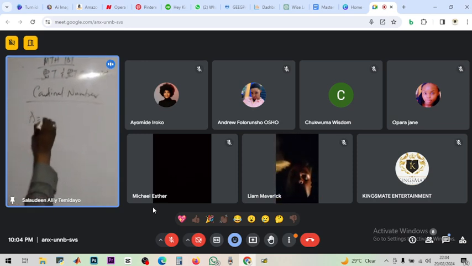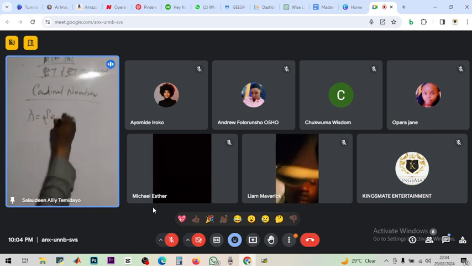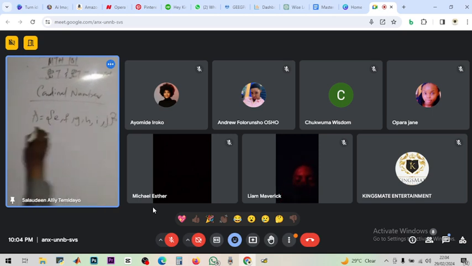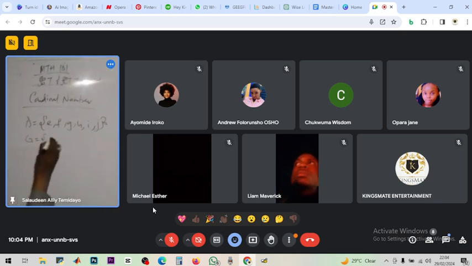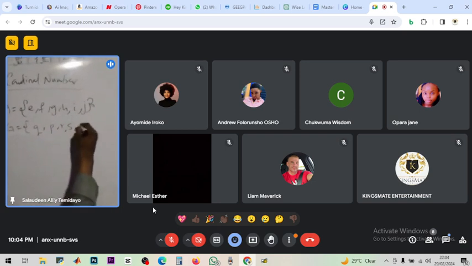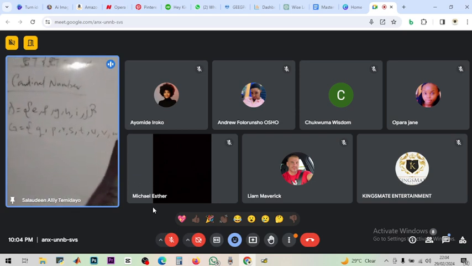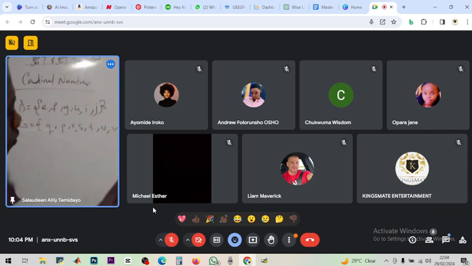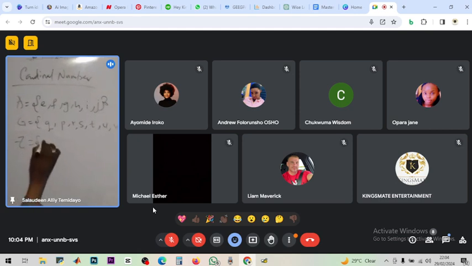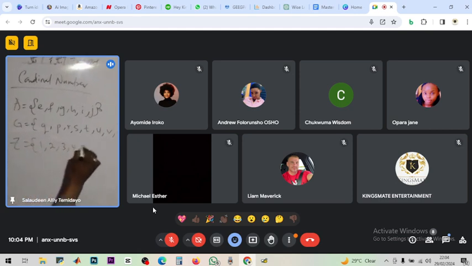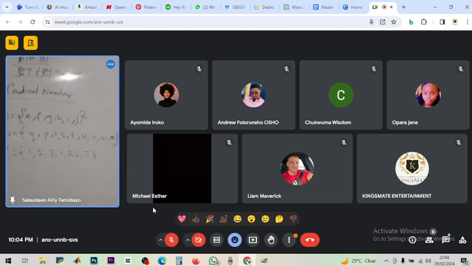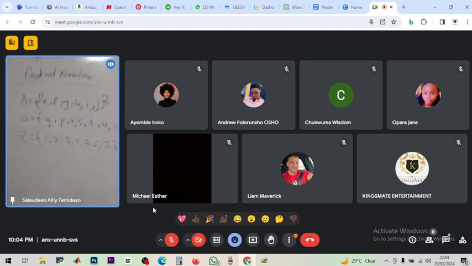This is set A. It equals E, F, G, H, I, J. And this is another set G. It has the elements Q, P, R, S, T, U, V, W, X. So this is another set Z. Contains 1, 2, 3, 4, 5, 6, 7. These are three different sets.